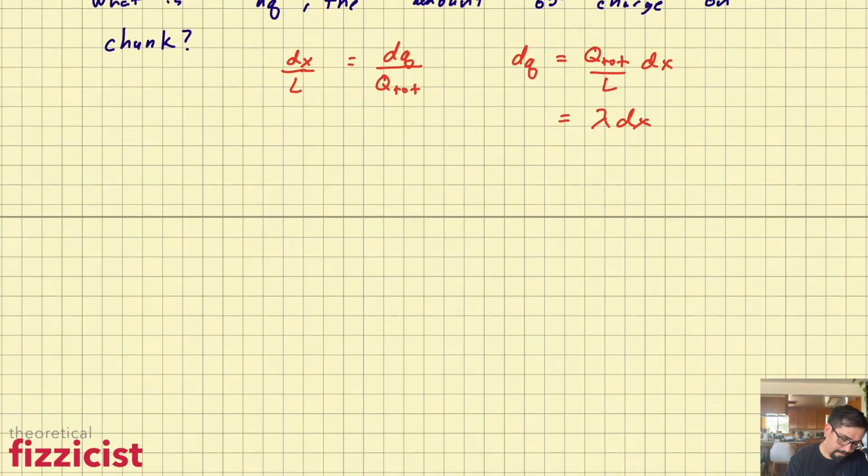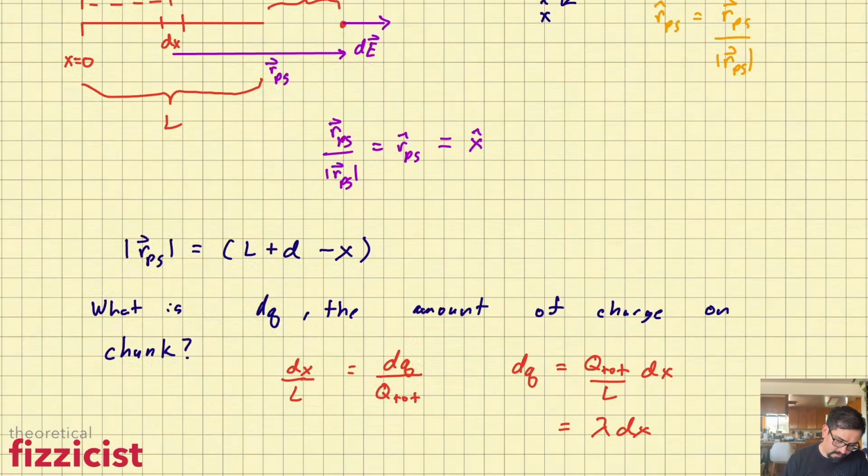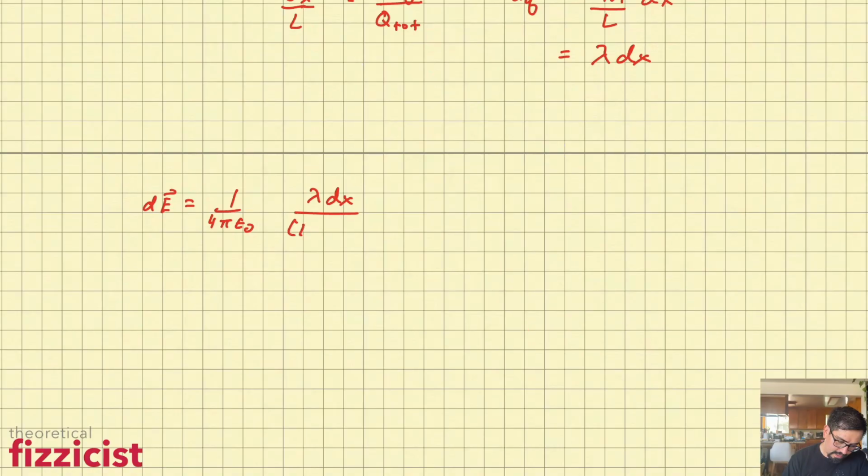So the little electric field created by this little chunk is 1 over 4 pi epsilon naught, lambda dx, divided by the quantity L plus d minus x, squared. And then finally we apply our unit vector, x hat. Again, we remind ourselves x hat is constant for every single chunk of this rod.